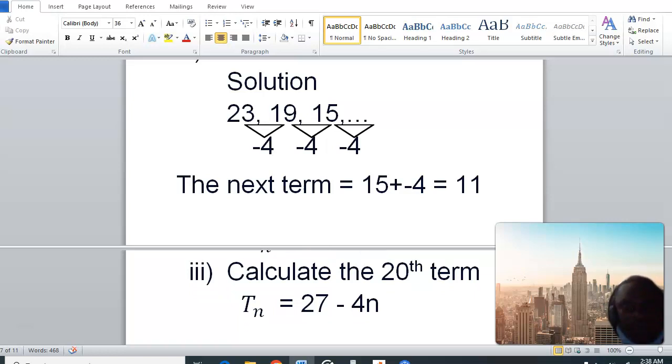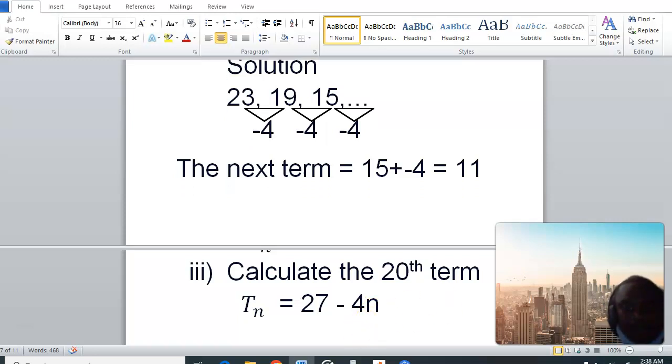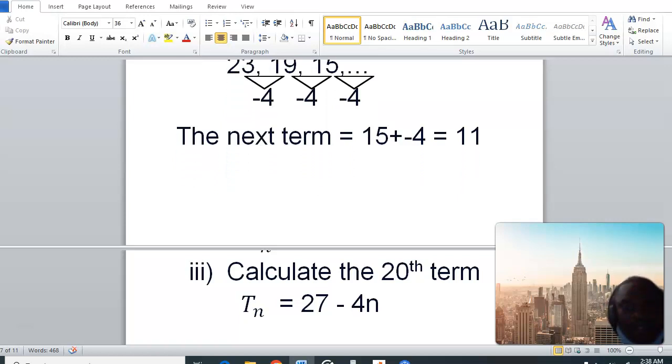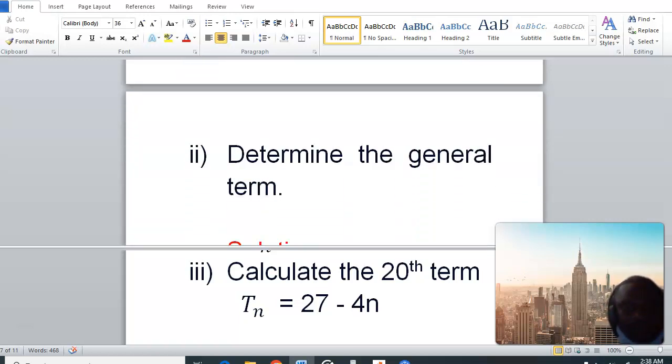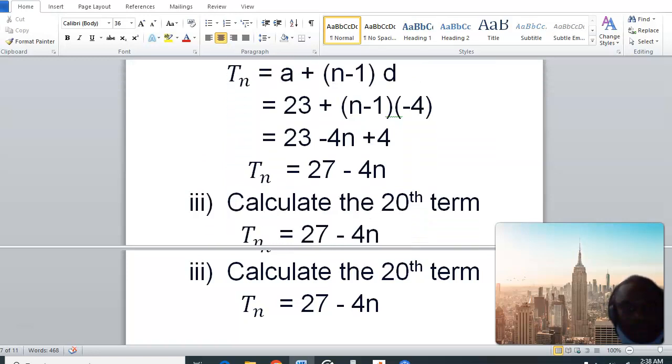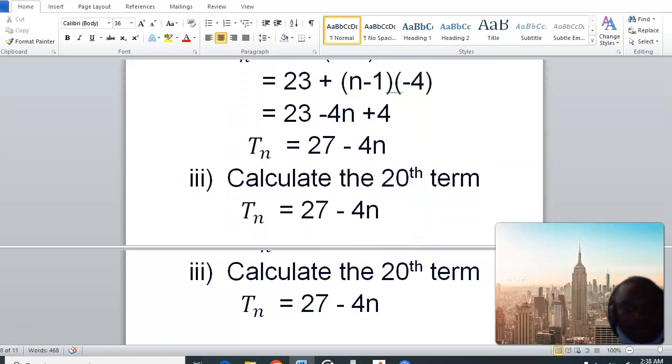Okay, the next thing we are going to do is calculate the 20th term. So Tn is equal to 27 minus 4n. To calculate the 20th term, when you see n, you put 20 there.